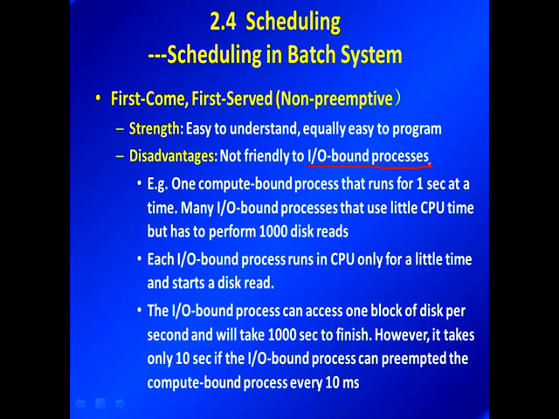If you choose the FCFS algorithm to schedule them, each I/O bound process has to wait for a long time to get a very short time to run only a few instructions in the CPU.